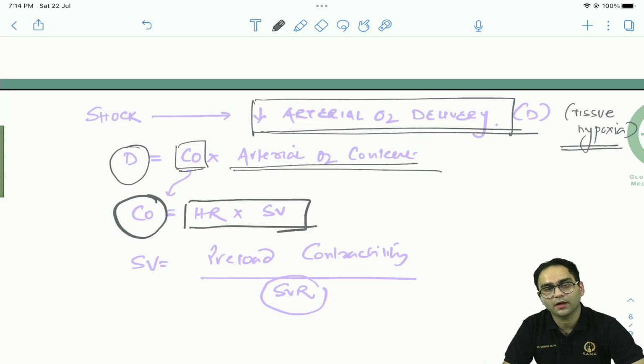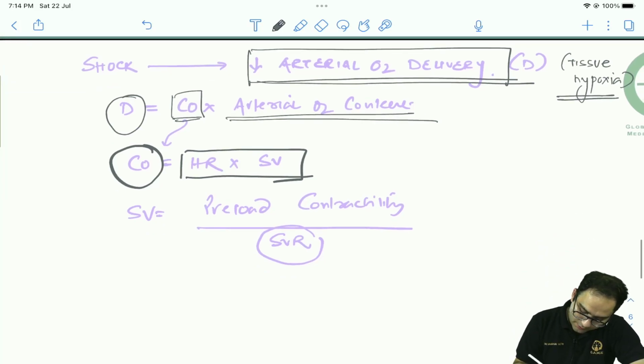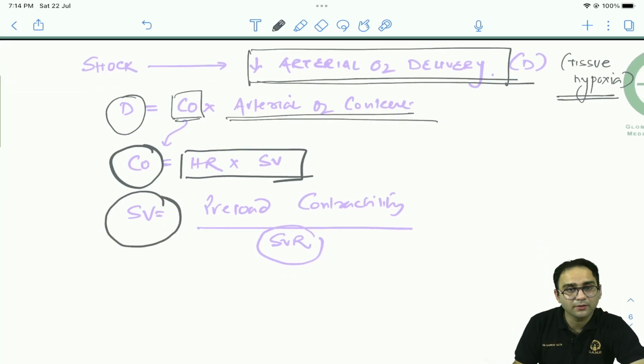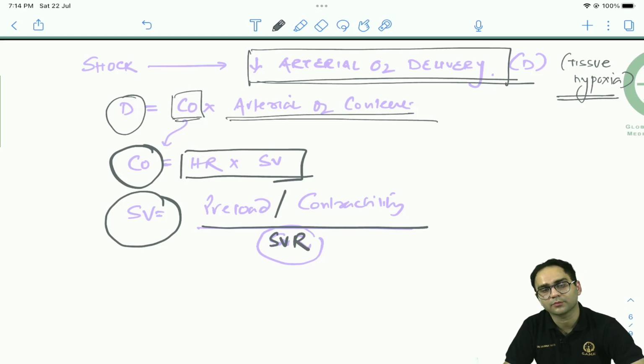More the stroke volume, more will be the cardiac output. More the heart rate, more will be the cardiac output, right? And the stroke volume is basically dependent on the preload and contractility divided by the systemic vascular resistance.